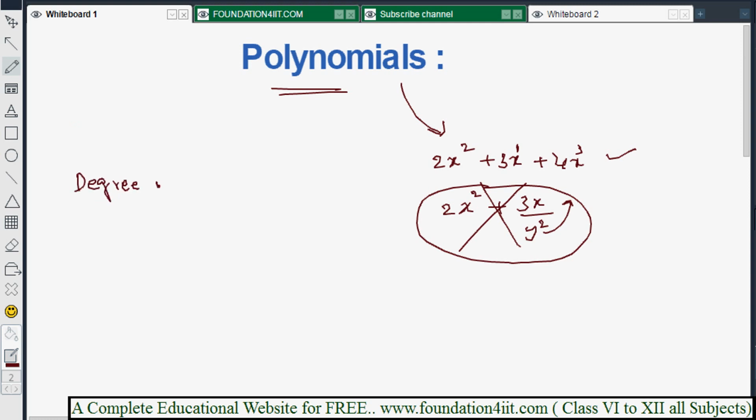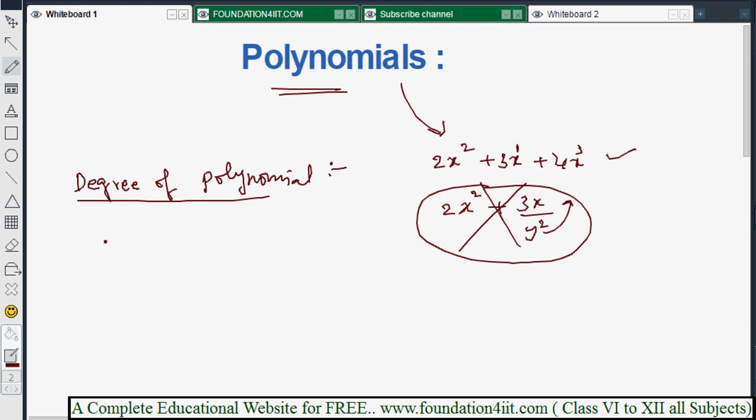Degree of a polynomial. It has more than one term, all polynomials, but they should have only non-negative integral powers, which I explained. The degree means the highest power of the variable in a polynomial of one variable; it is called the degree of the polynomial. So, the highest power.